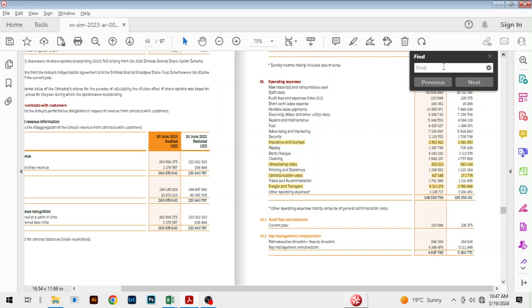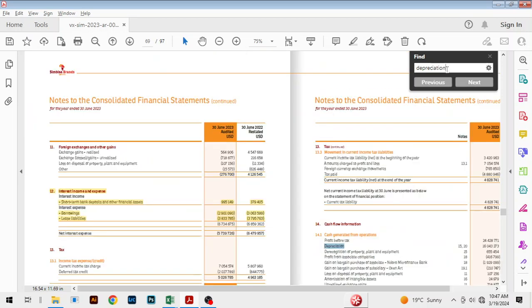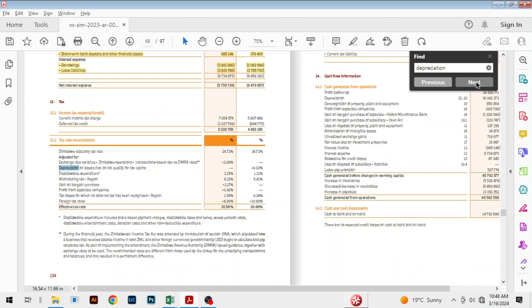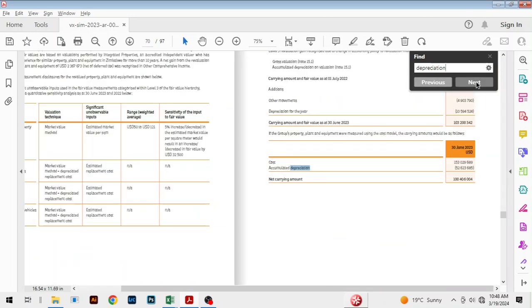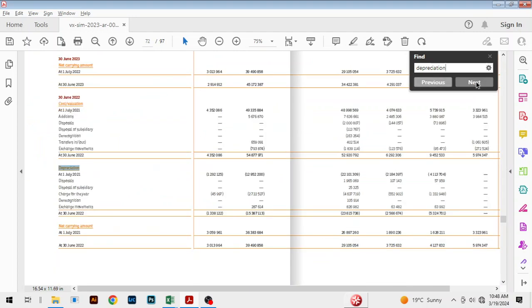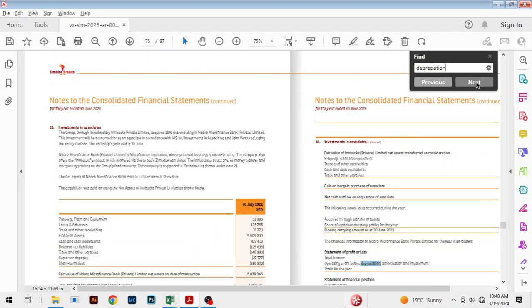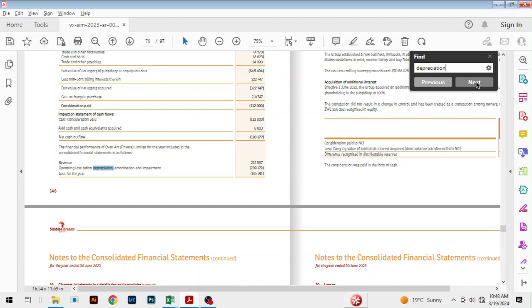Okay, so here we write depreciation. Right, so here we've got depreciation. Okay, let's keep on searching more about depreciation.